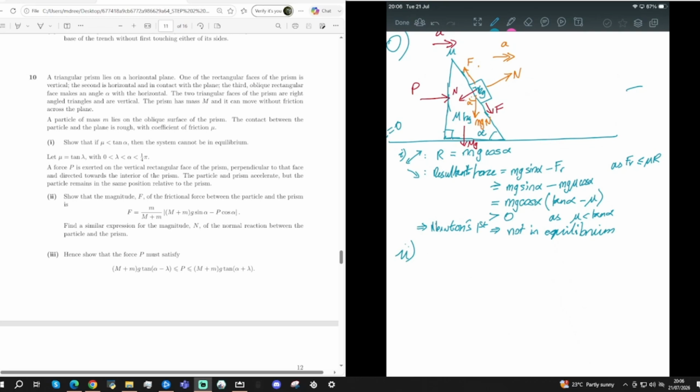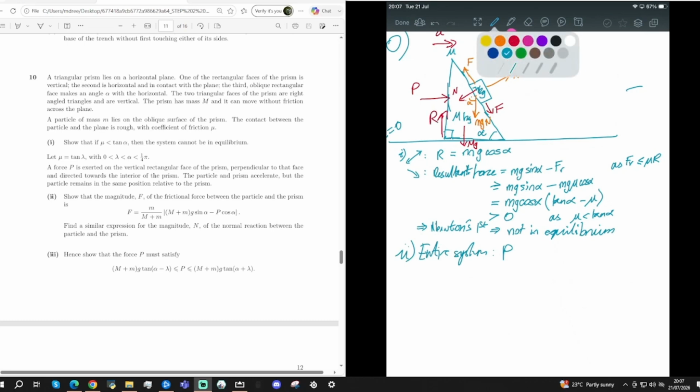So the entire system, if I treat it as one object, then the total horizontal force is only P. The only force pushing this thing forward is P. I have forgotten to add in the contact with the ground force, which I'll put in there.